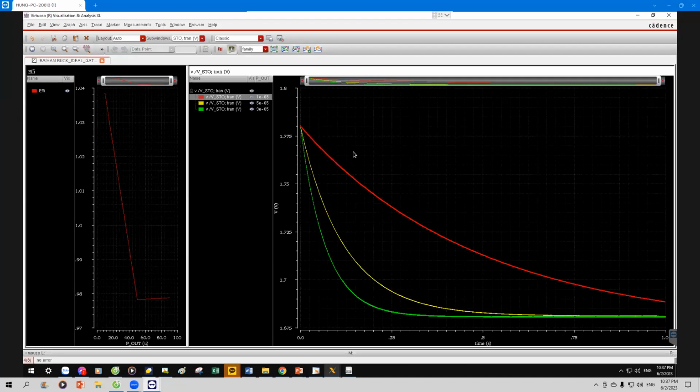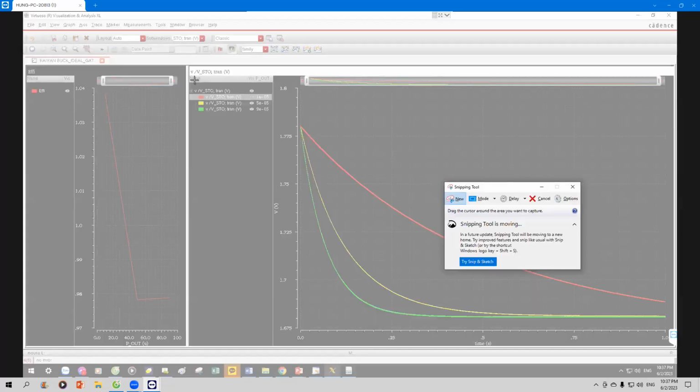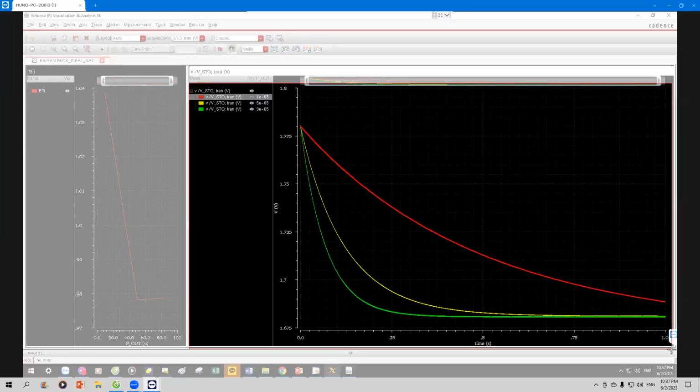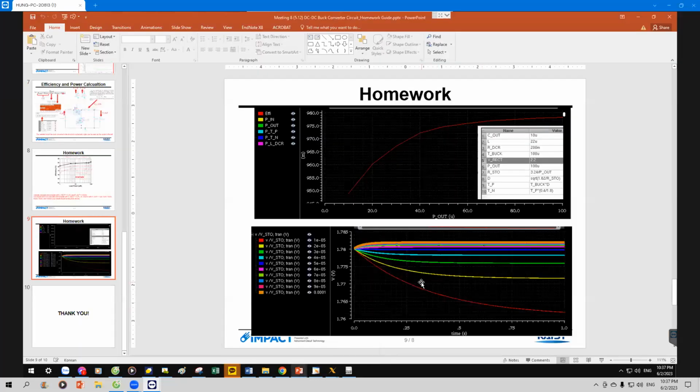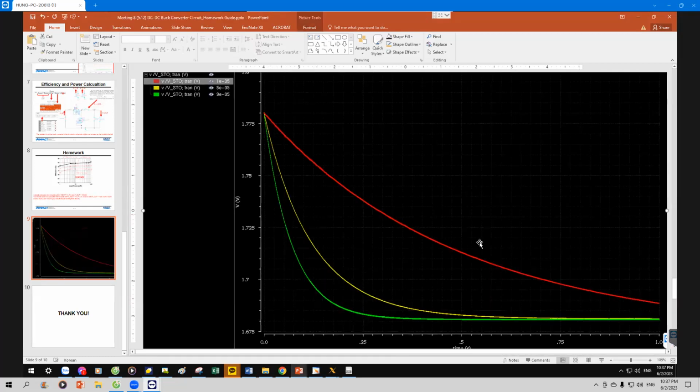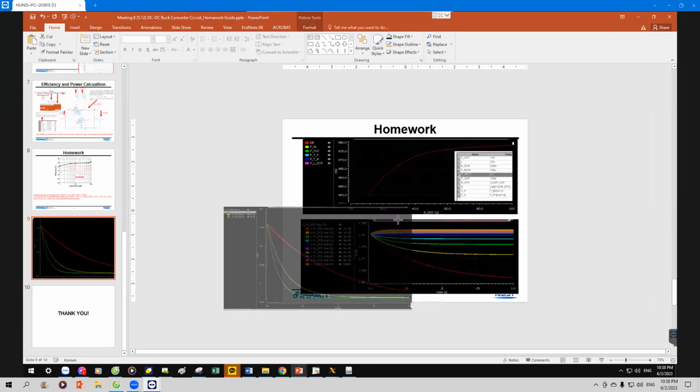So maybe the graph will be like this, and it has not stabilized yet. I don't know why your simulation needs more time to be stable, because my results seem to stabilize faster than yours.